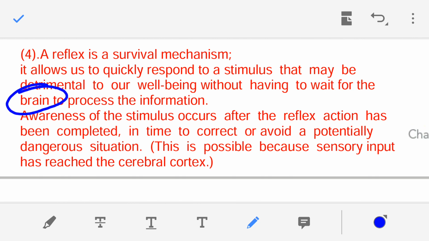For example, in our case, you by mistake touch the hot burner, so you remove your hand from the burner, but after that you realize that accidentally your hand touched the hot burner. This response is very fast. Reflex action is very fast, and it is to protect ourselves from dangerous situations.